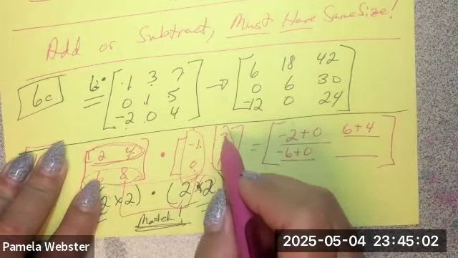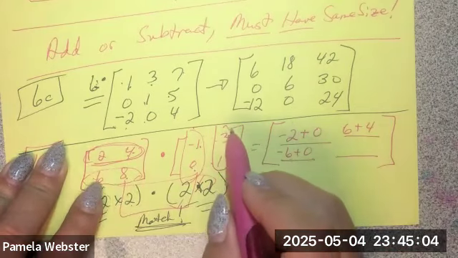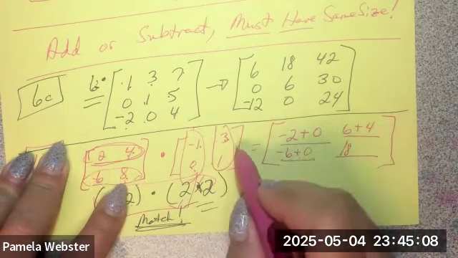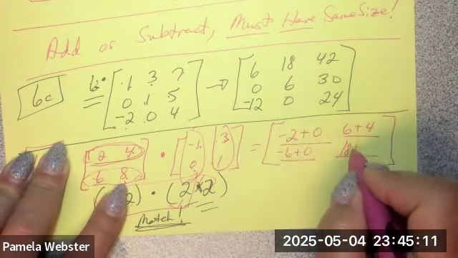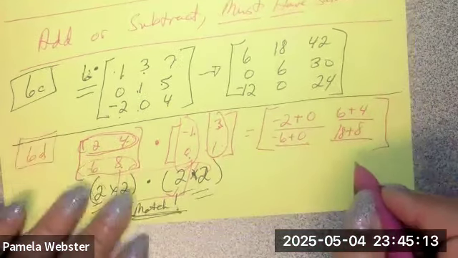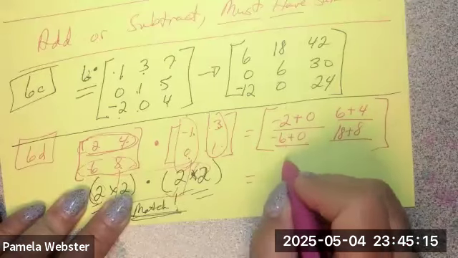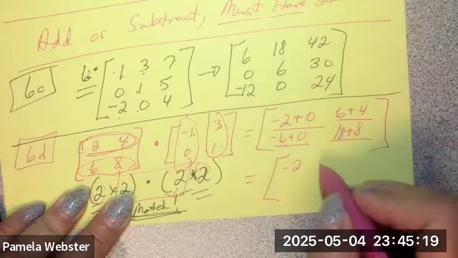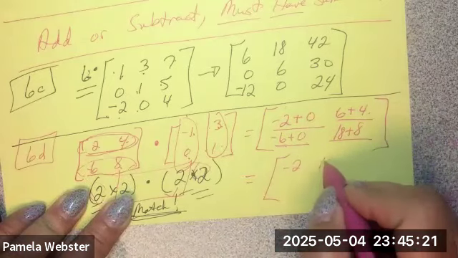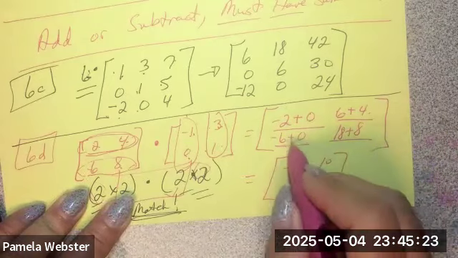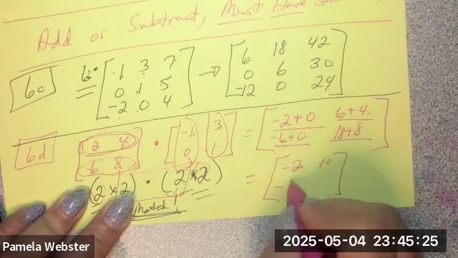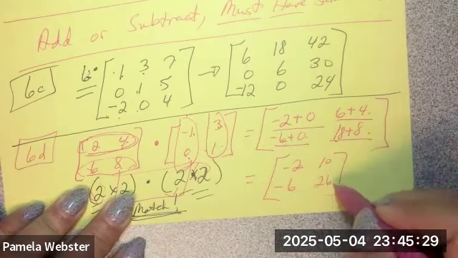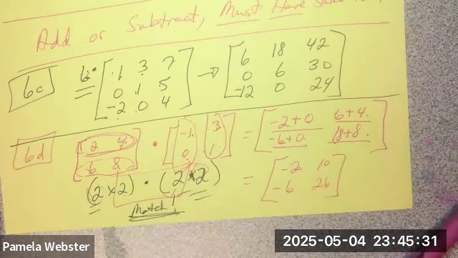And then the last guy is second row, second column. 6 times 3 is 18, plus 8 times 1 is an 8. Okay. Now it's just a matter of making that pretty. -2 plus 0 is -2. 6 plus 4 is 10. -6 plus 0 is -6. And 18 plus 8 is 26. All right.